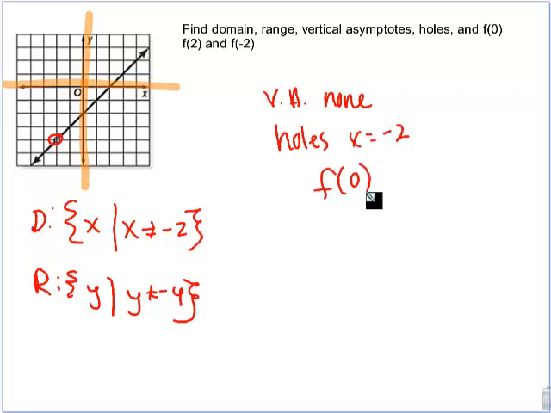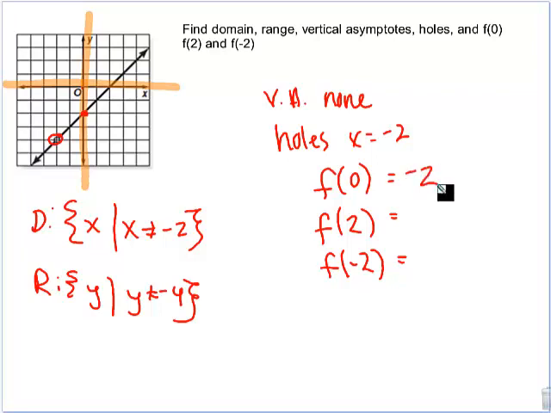Let's see, we want to find f of 0, f of 2, and f of negative 2. So f of 0. So here's my 0. Go down and find your graph. What's the value of y there? What is it? Negative 2.